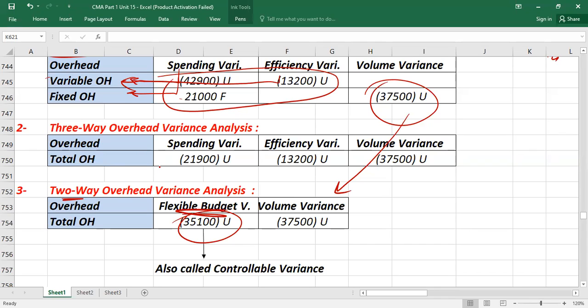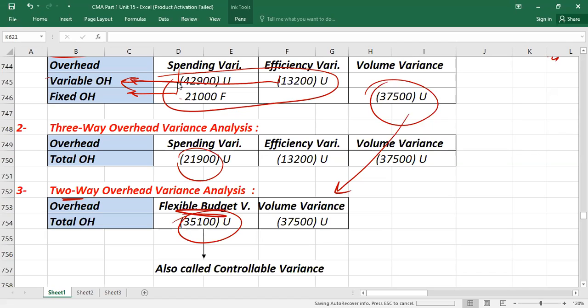Okay, in three-way variance, how many variances will you report? Three. Which three? Spending, efficiency, and volume. And tell me, in spending, how many variances will there be? Two: spending of variable overhead and spending of fixed overhead. Right? Understood?